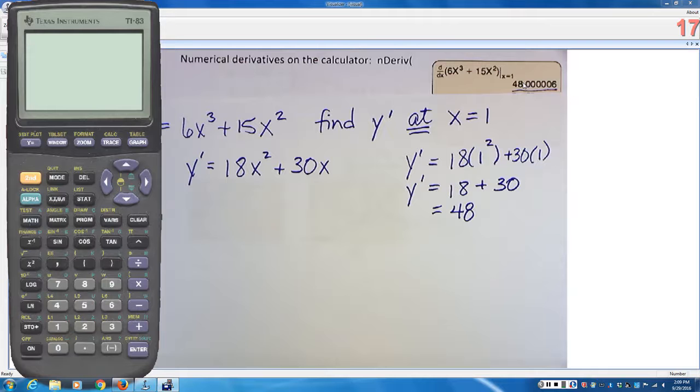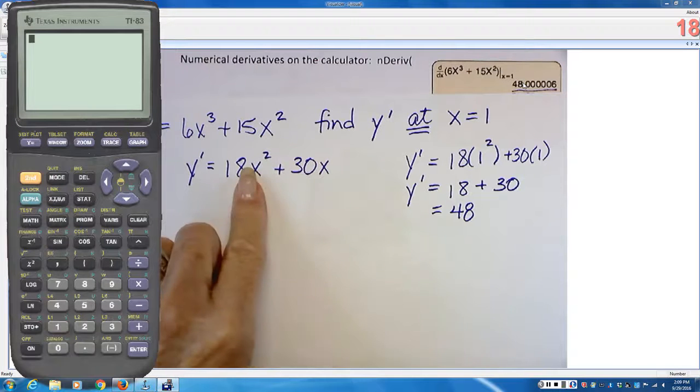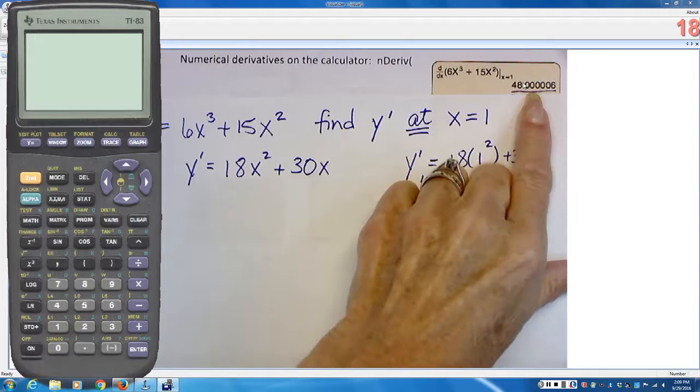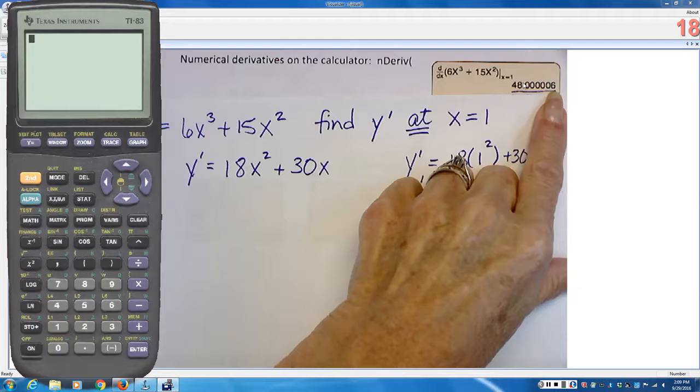What your calculator does is it actually takes this function and it homes in, like that table that we looked at back in chapter 11. It homes in on x equals 1 by coming at it from 0 and by coming at it from 2, until it finally gets two answers that are the same, and for it actually happens at a little tiny bit more than 48.